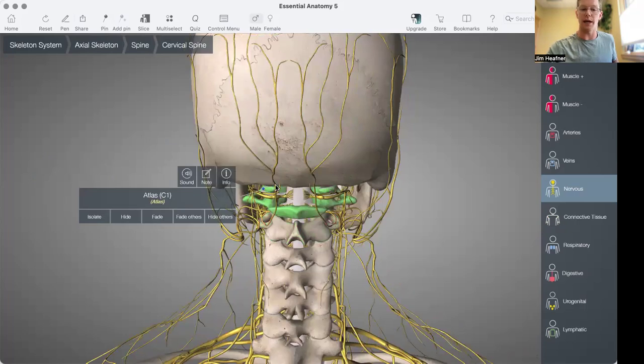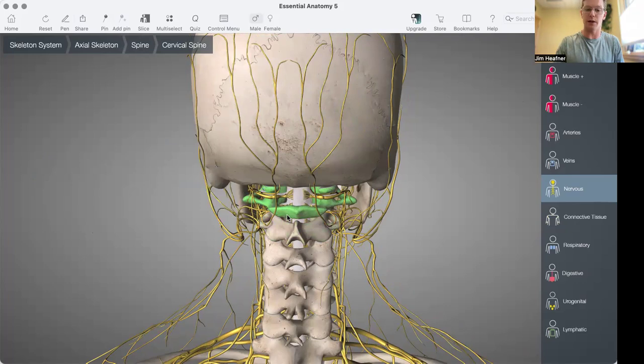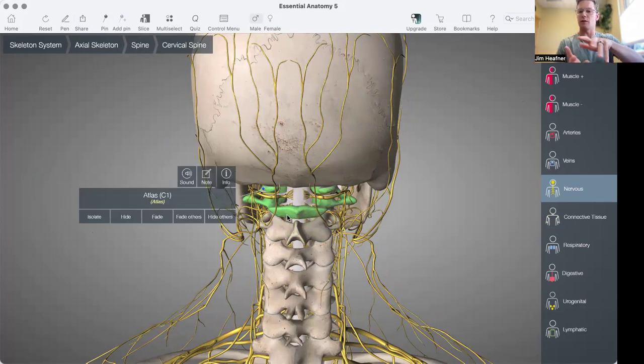With C1, the atlanto-occipital joint, that is going to be the head nodding motion primarily. Because of how the C1 anatomy matches the occiput, that's really our flexion and extension of the head, that up and down nodding type of motion. With C1, C2, our atlanto-axial joint, that joint has tons of rotational range of motion. So that's your ability to quickly move your head and neck for positional changes, for assessing the environment, those sorts of things.